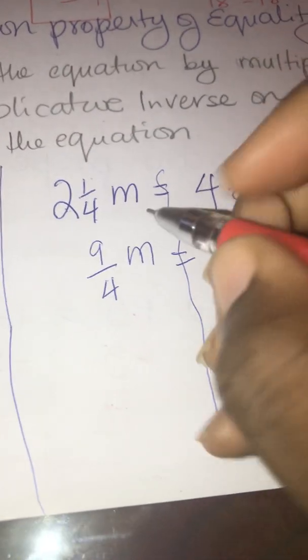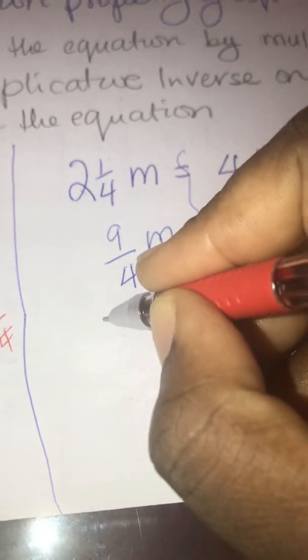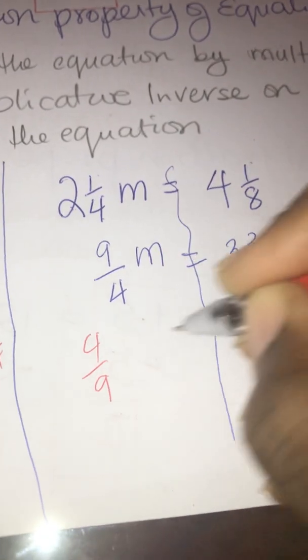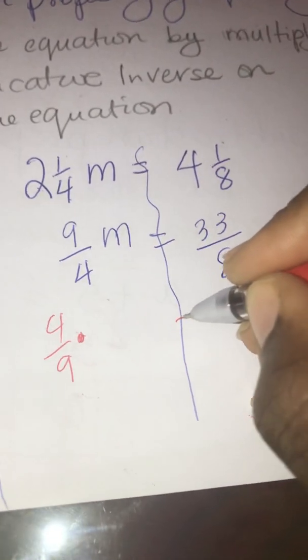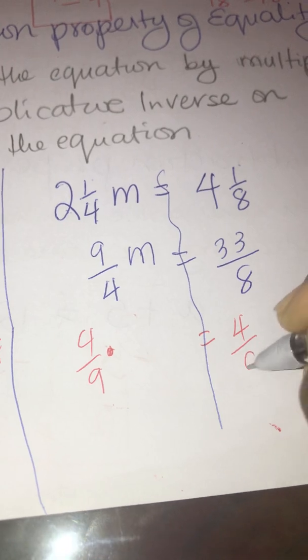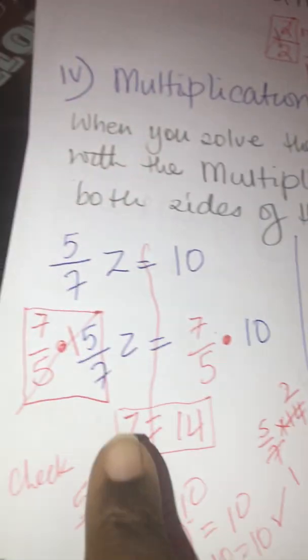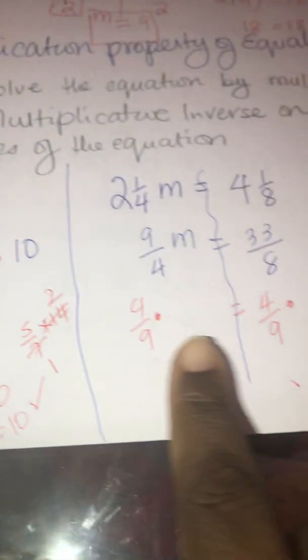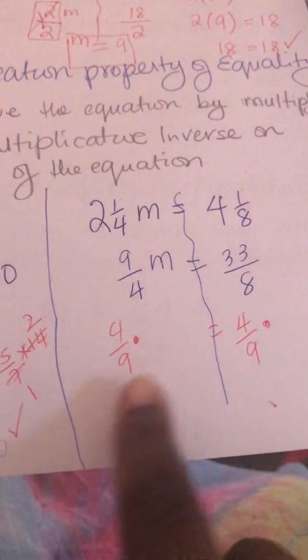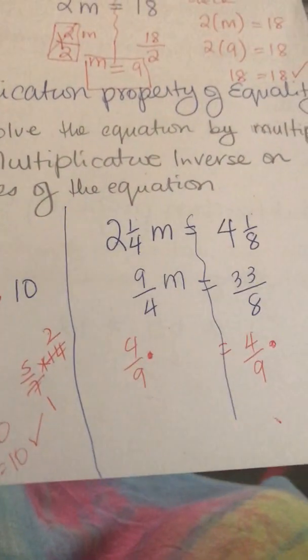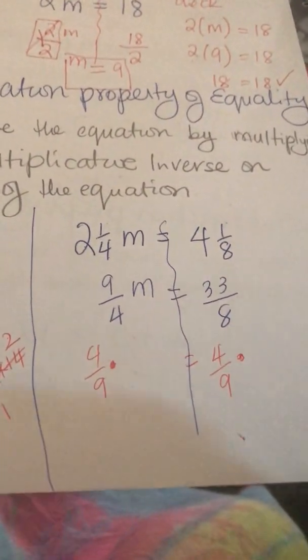Then you're going to do your multiplicative inverse. 4 over 9 multiply, 4 over 9 multiply. So now this is the multiplicative property of equality. When you write the multiplicative inverse on both sides, you're doing the multiplicative property of equality.